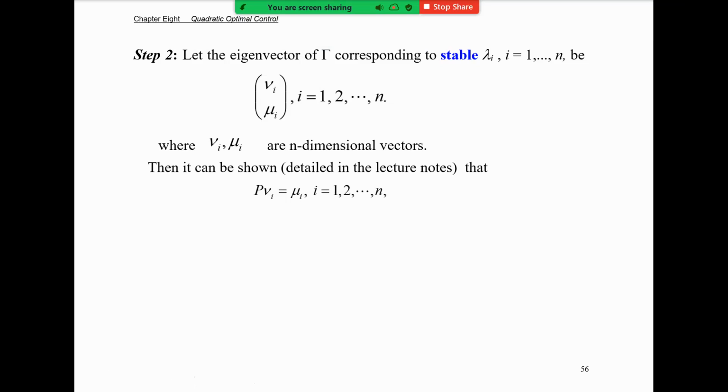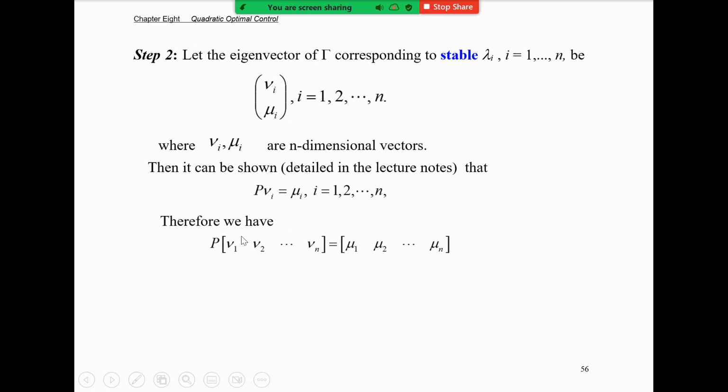It's kind of a miracle, right? But somehow people developed this. Because of this, how many eigenvectors do you have? You have n eigenvectors. Then you put them together. We say P times V1 equals mu1, P times V2 equals mu2, and so on.